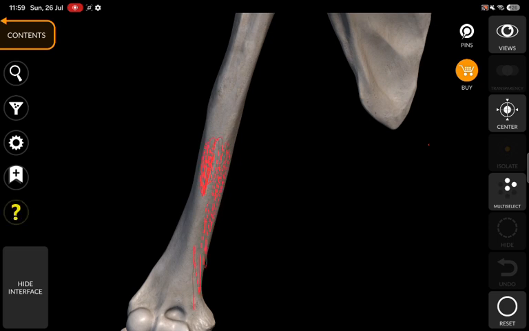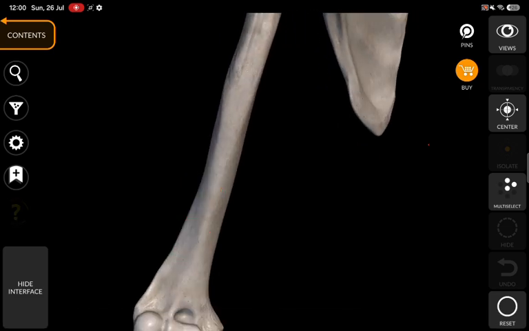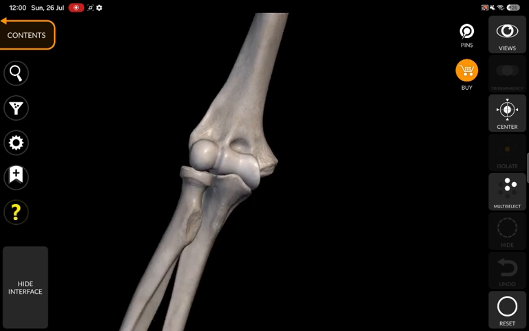And then where does it insert? Then it inserts on the ulnar tuberosity, right? Done. So these were our anterior compartment muscles, and now we will talk about the posterior compartment.